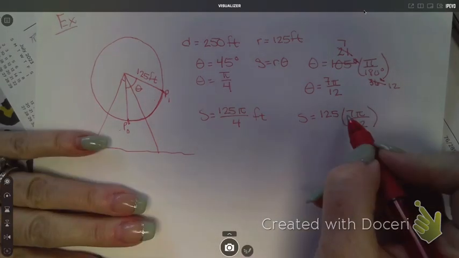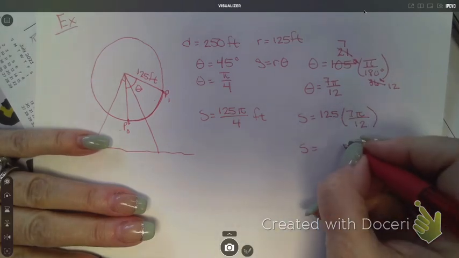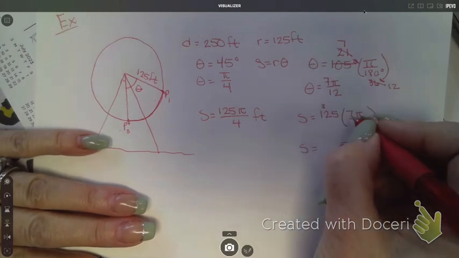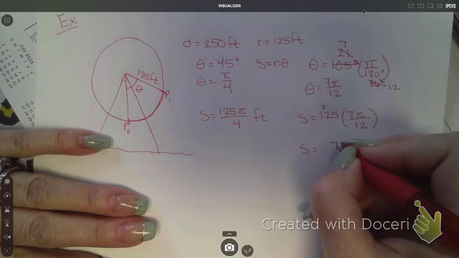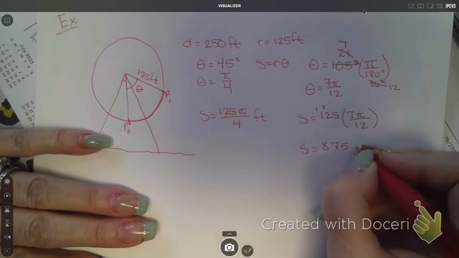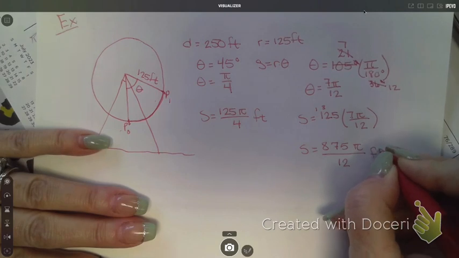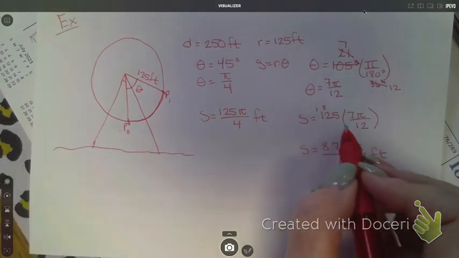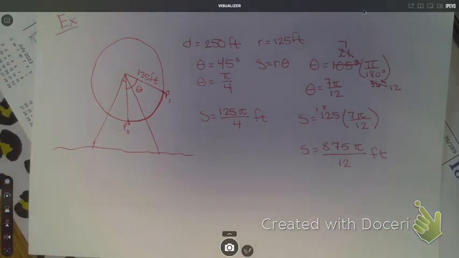So I have to take 7 times 125. 7 times 5 is 35, so 5, carry a 3. 7 times 2 is 14, plus 3 is 17, carry a 1. 7 times 1 plus 1 is 8. So 875 pi over 12 feet. Now, since I tried to reduce before, is this going to reduce? No.